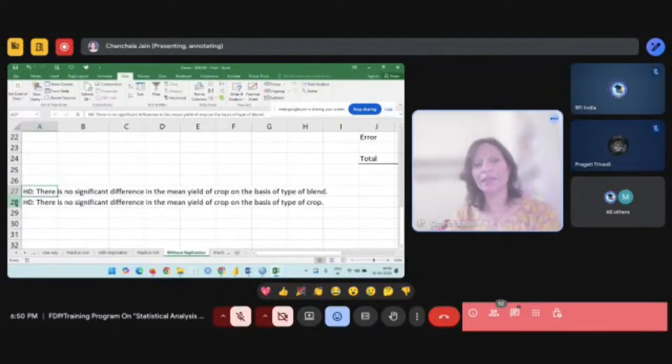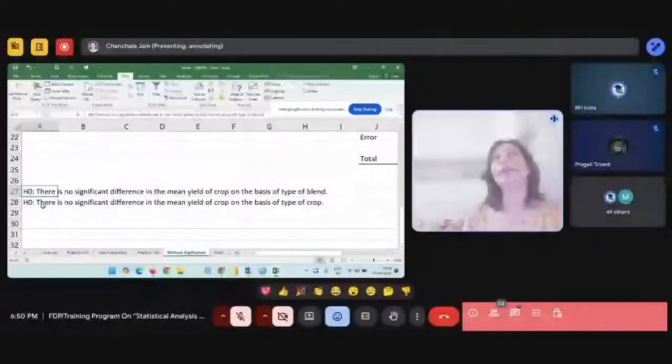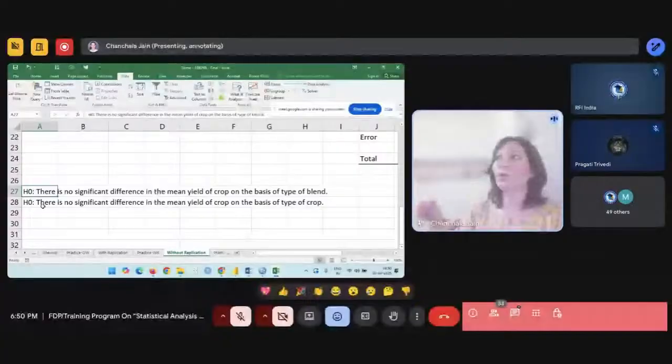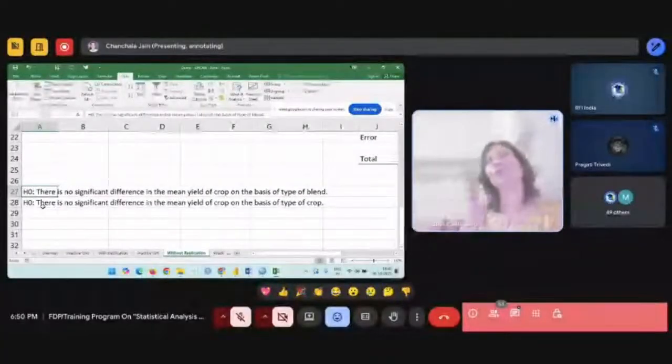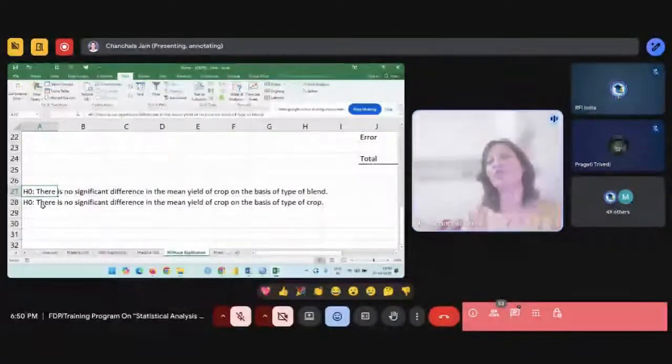The second says there is no significant difference, because I'm accepting it, so I'm concluding that there is no significant difference in the mean yield of crop due to the type of crop. Means when you are talking about the variety of the crop, the type of crop is not making a change in the yield of crop, but when you change the blend, it is making an impact on the change in the yield of crop.